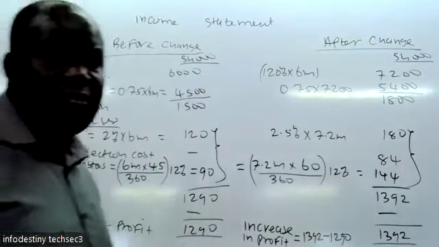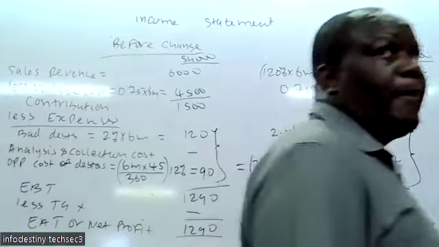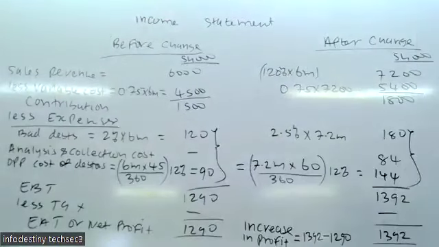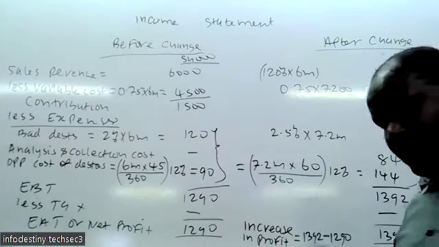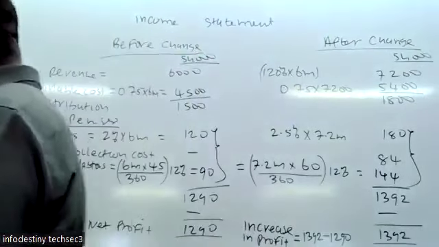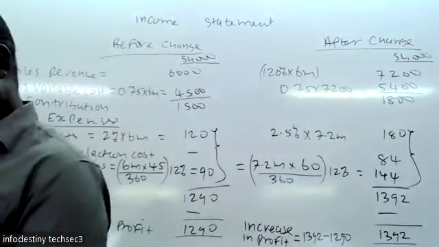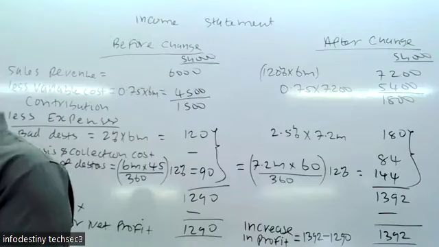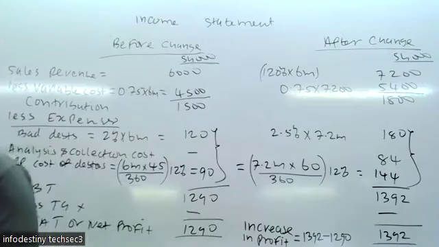There is question 1D, where they say that the management of Kumbo Limited intends to change the company's credit policy from net 30 to 3/10 net 60. You see that?